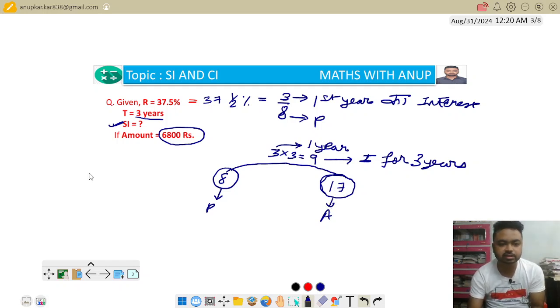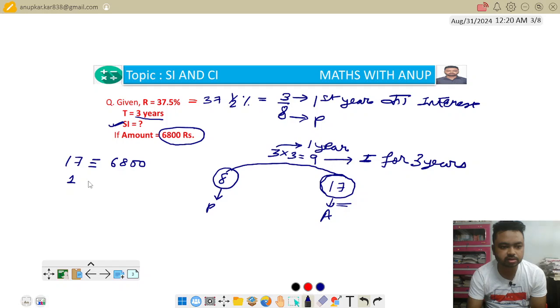अभी हम लोग क्या कर सकते हैं, given is amount equal to 6,800, so this 17 ratio is given equivalent to 6,800.